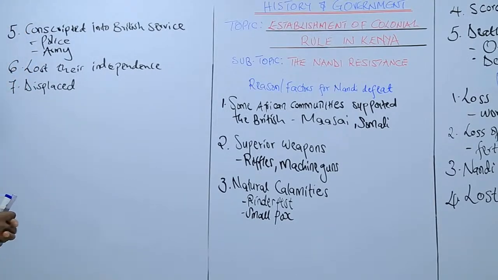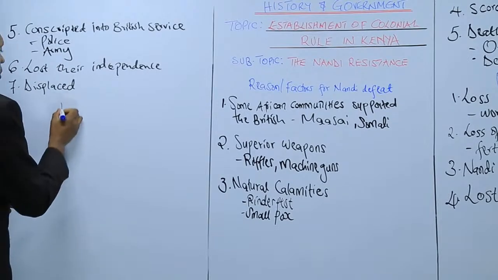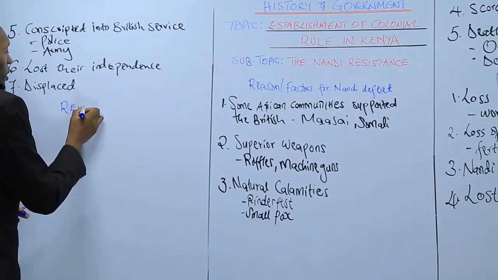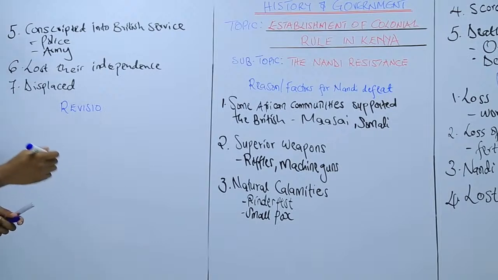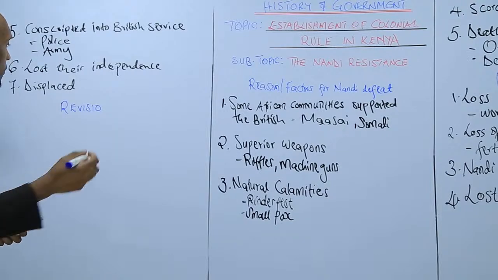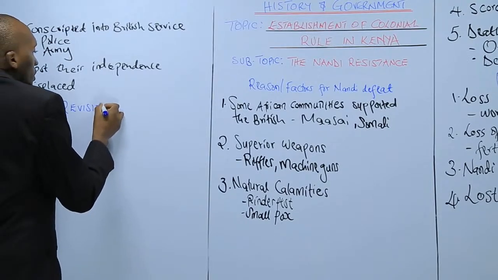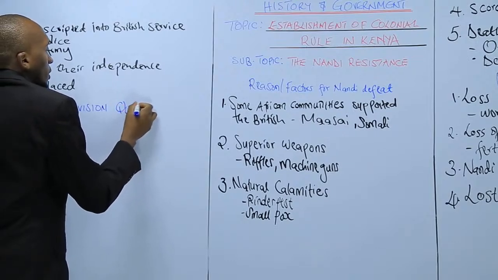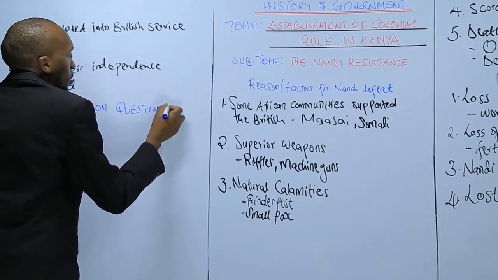And now I will give you revision questions as we end our lesson. Remember, we have been discussing the reasons why the Nandi resistance was defeated and the results of their resistance. I'm going to give you two questions.